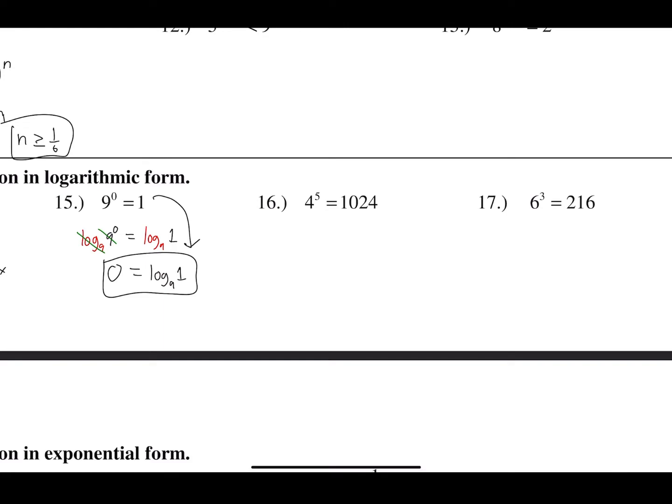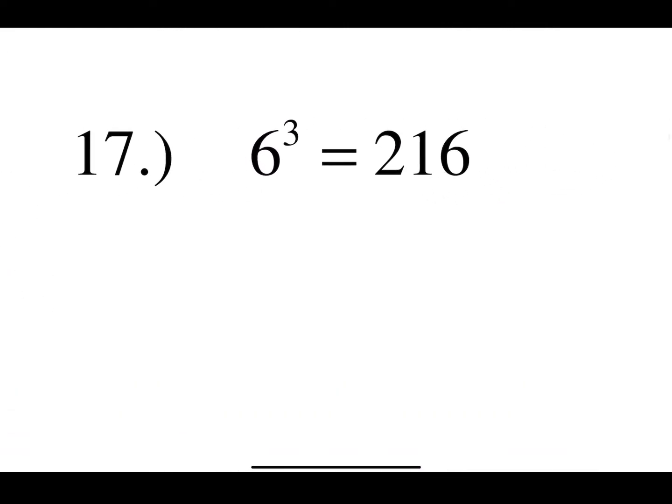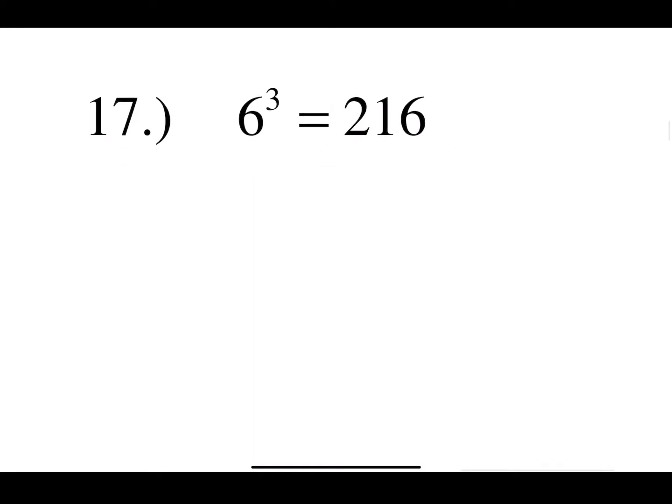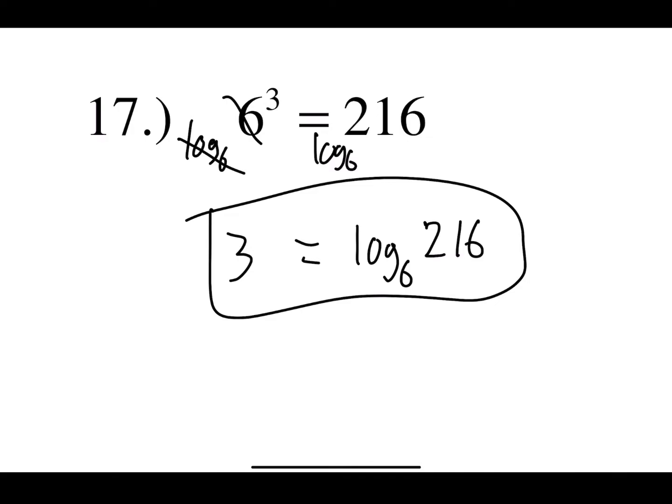So, maybe one more time with 6 cubed equals 216. I want to get rid of base 6, so I log it to base 6. That cancels out the 6, I'm left with 3. I do it to one side, I do it to the other, so I'm left with log base 6 of 216 is its logarithmic form.